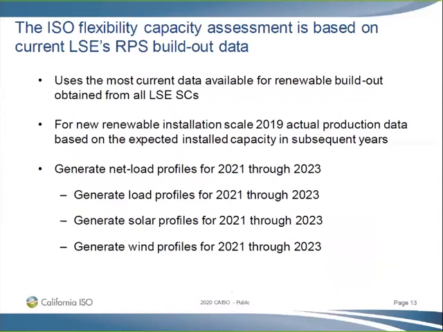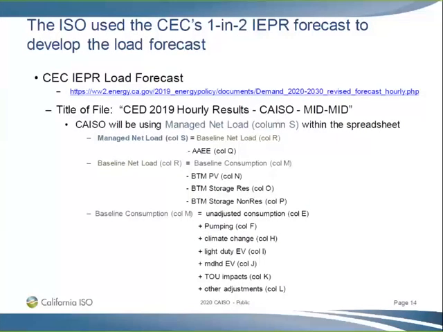So slide 14 is going back to the CEC data, and they did a really comprehensive job in the load forecast, and everything is spelled out. So the link you see there, anybody can click on that. There are about 5,000 or 6,000 files, and the one that we use is the CED 2019 hourly results, mid case.